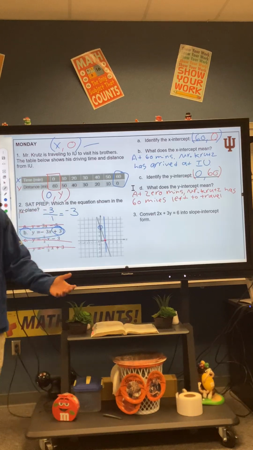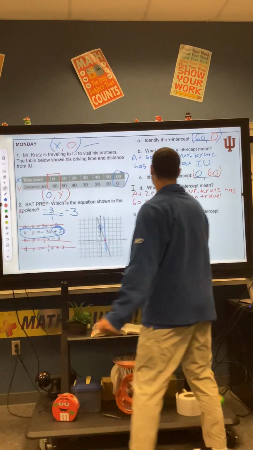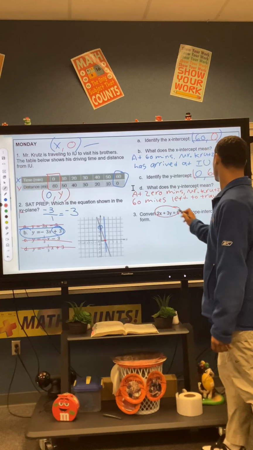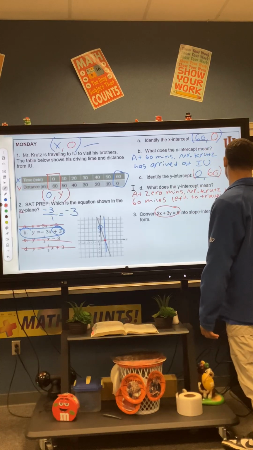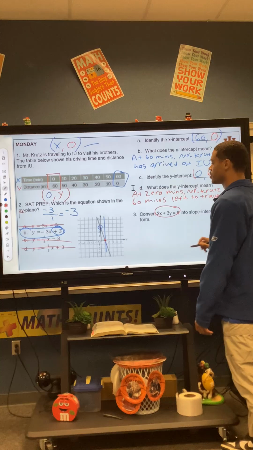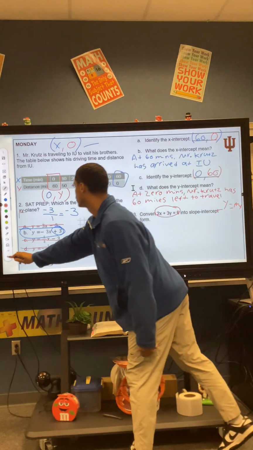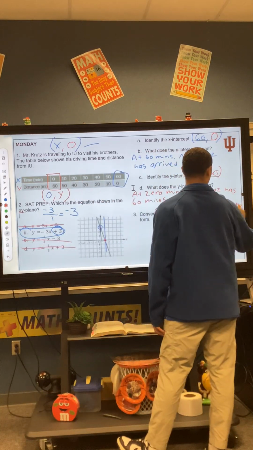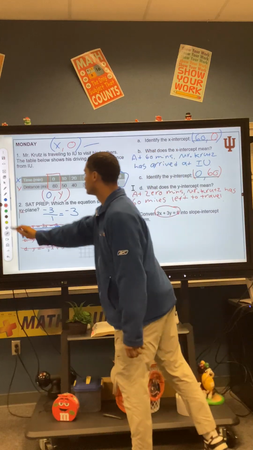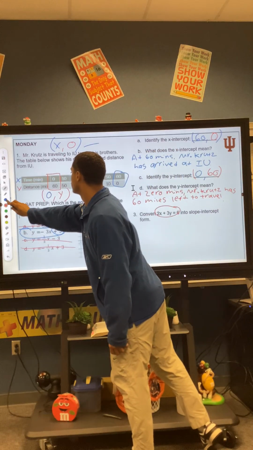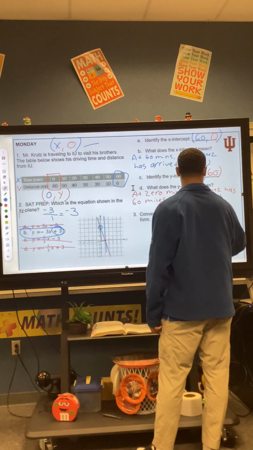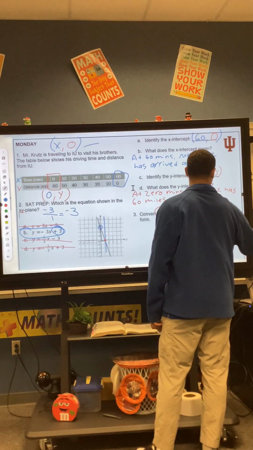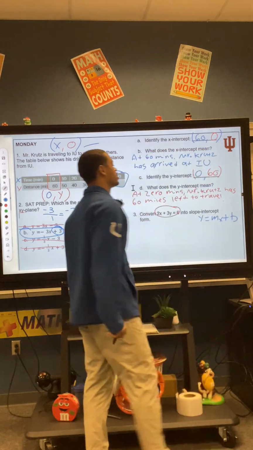And then for this last one, we want to take this and convert it into y equals mx plus b. That's what we want to do.